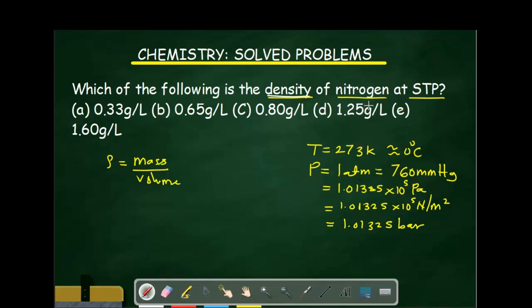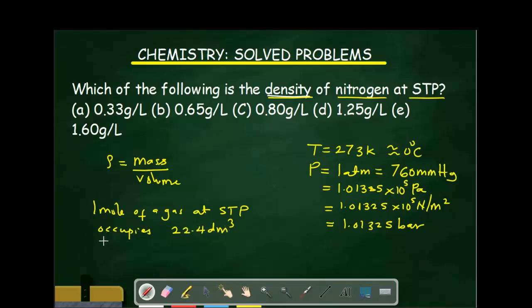Also, what is the important point in this question? Nitrogen is a gas, and from basic chemistry, you should be aware that 1 mole of a gas at standard temperature and pressure occupies 22.4 dm cube of volume. This is what we call molar volume.